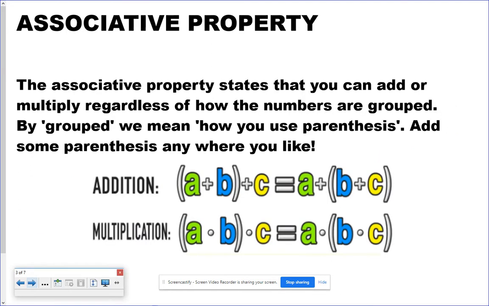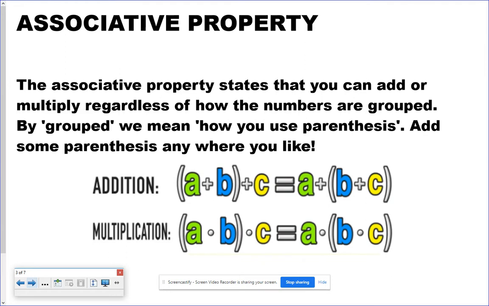Next, the associative property. This one tends to be easily confused with the distributive property, so when I get there, I'll explain why. But the associative property states that you can add or multiply regardless of how the numbers are grouped together. Okay, so by grouped, they're talking about parentheses, right?